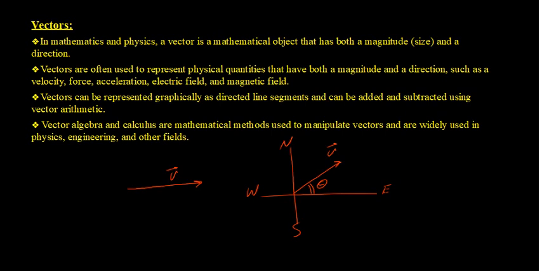I could describe this vector as 100 kilometers per hour off east to north, because the angle is located between the east and the vector direction.